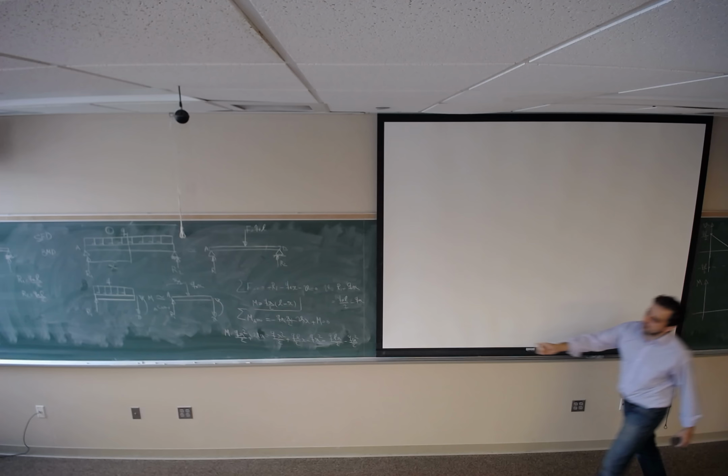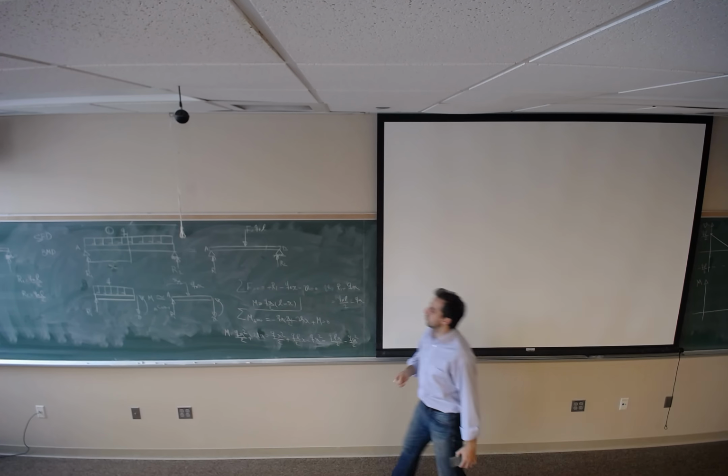And at x equals L, we also expect to get M equals 0. If you got something different, you have made a mistake. Then it's going to look like this, a quadratic function passing through the beam.